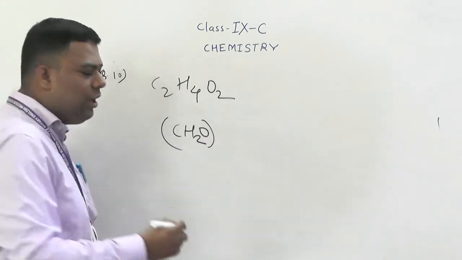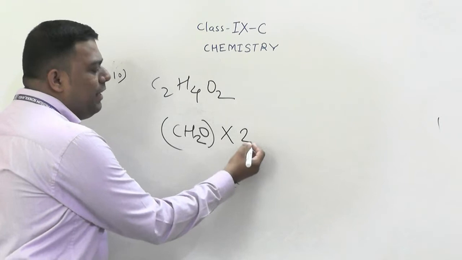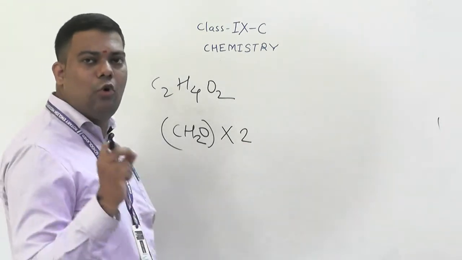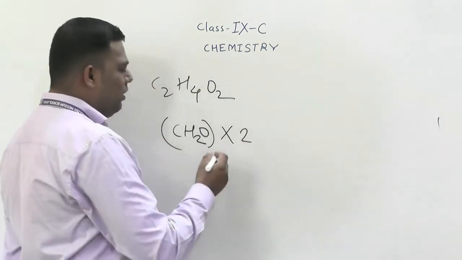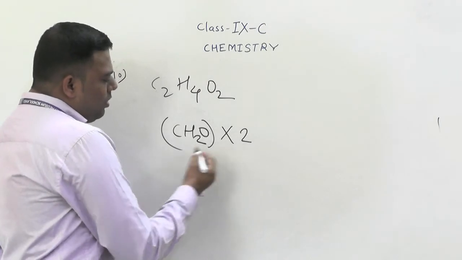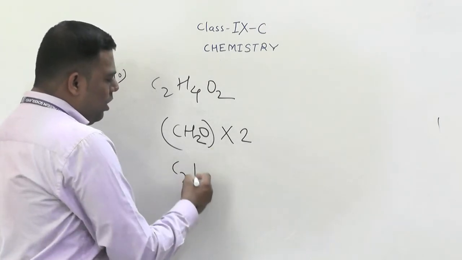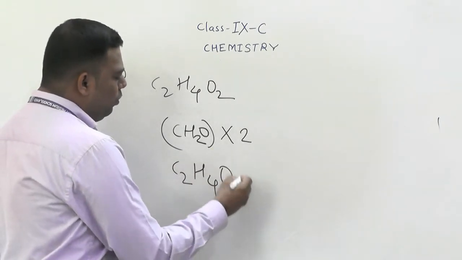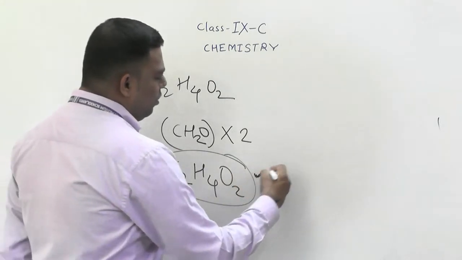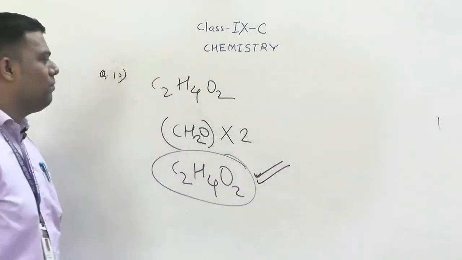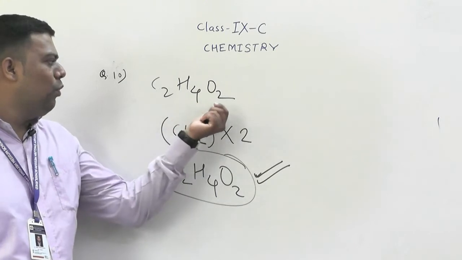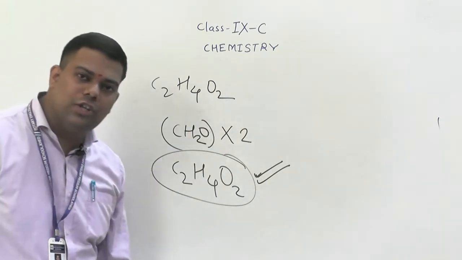So how, see here, when you multiply by any simple whole number, you will get C2H4O2, understood?